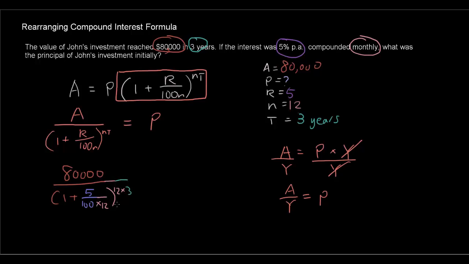Sorry about the colors, just forget the colors, just look at the numbers. Equals P. Now, how do you type all of this in the calculator? Well, same thing as before.